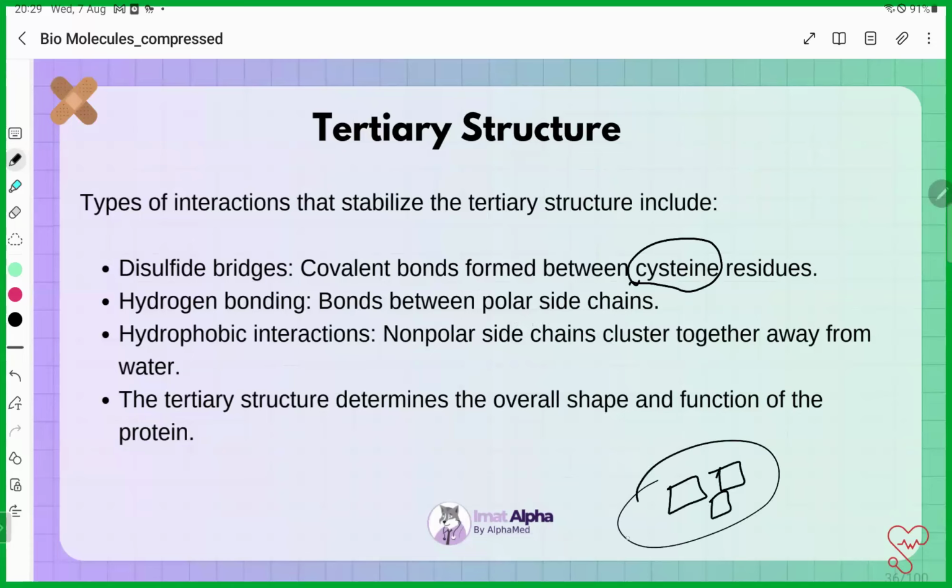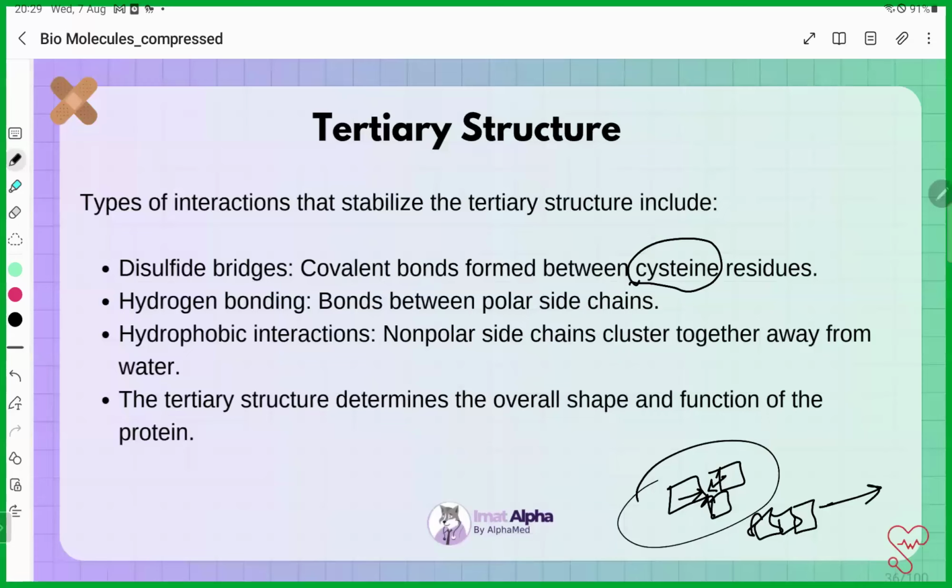These are the molecules that hate water. So they come here, they try to cluster together, to be closer to each other, and try to go far from water.